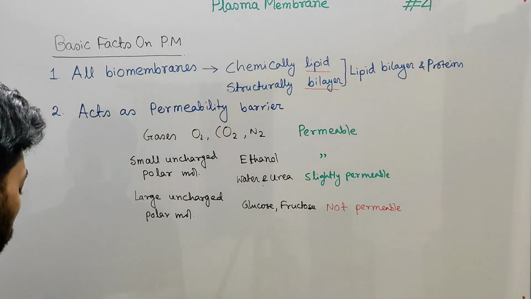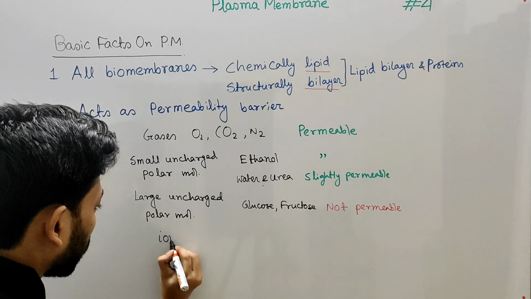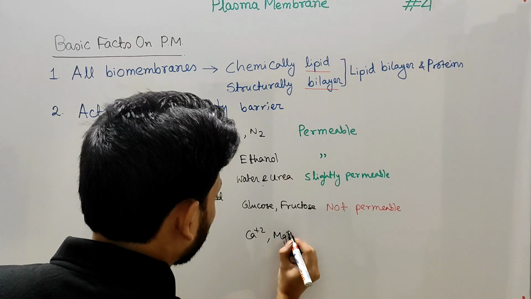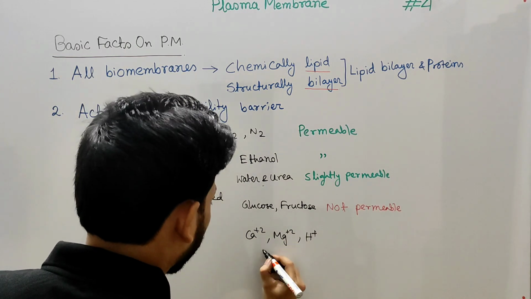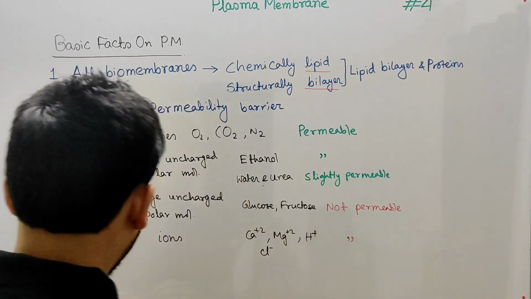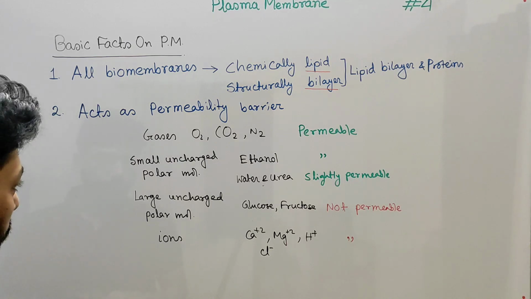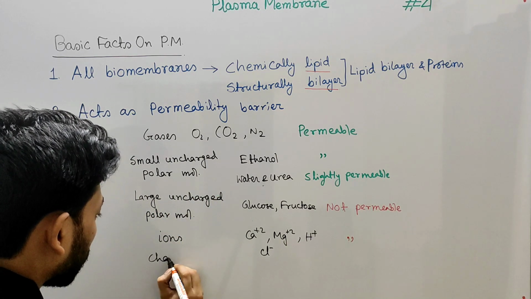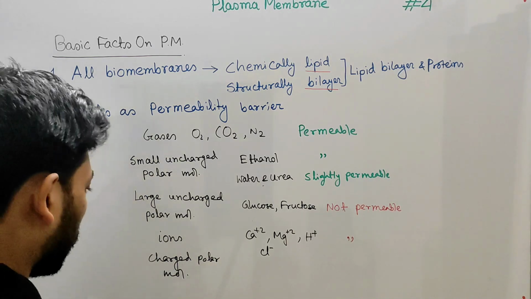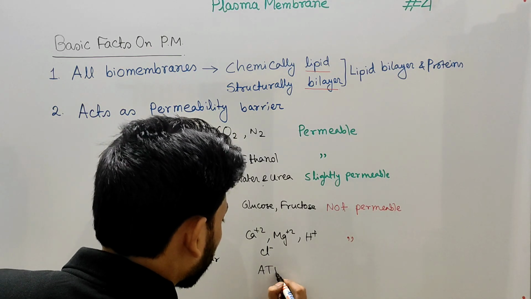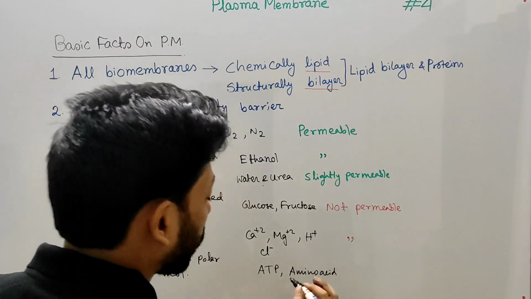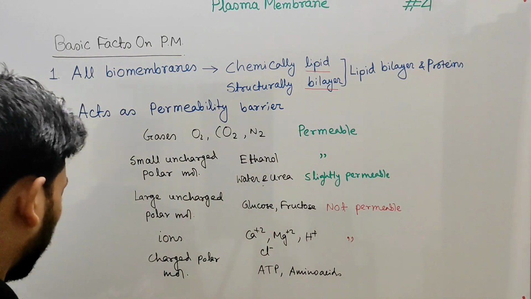And all ions, it could be cations like calcium, magnesium or H plus, or negative ions like chloride, they are also not permeable. Now charged polar molecules like ATP and amino acids, also nucleic acids, they are not permeable.